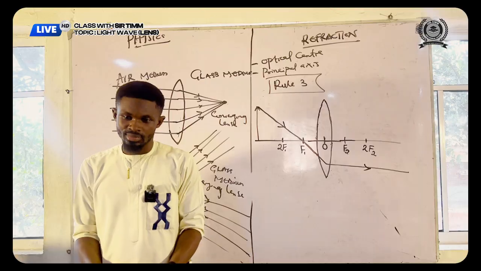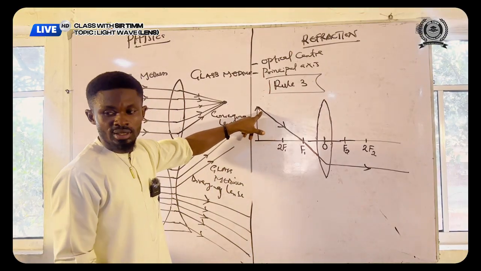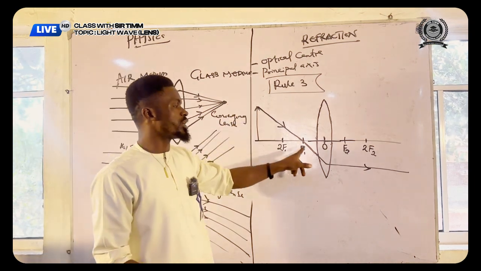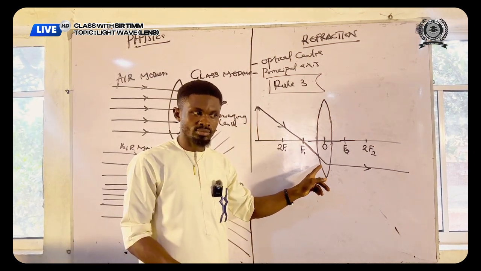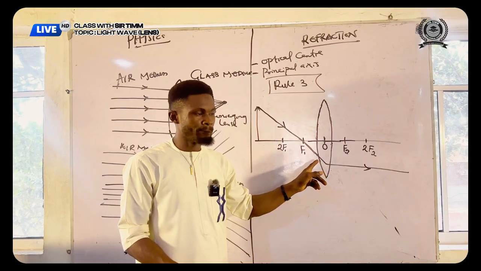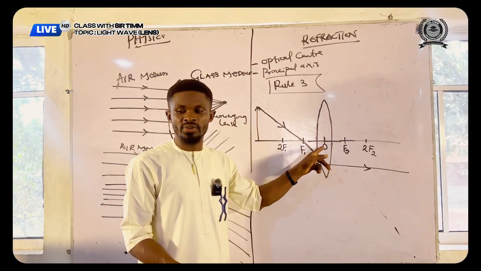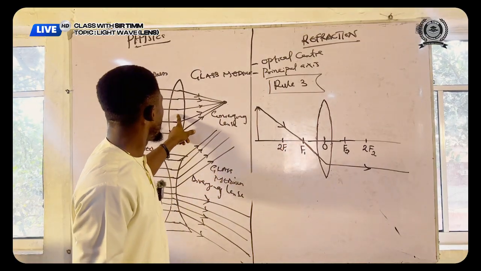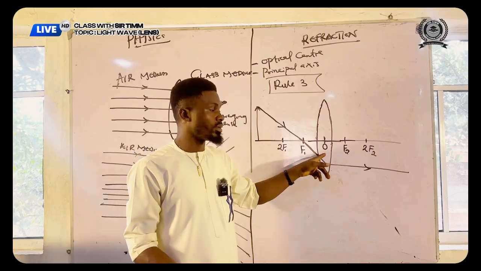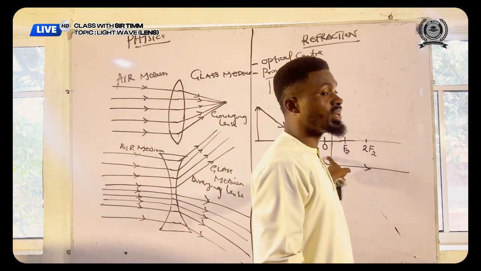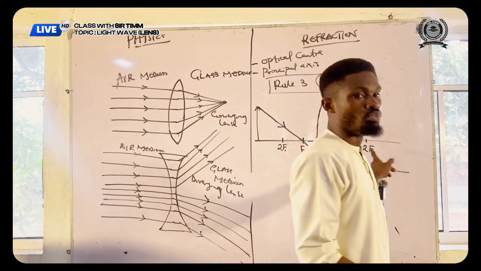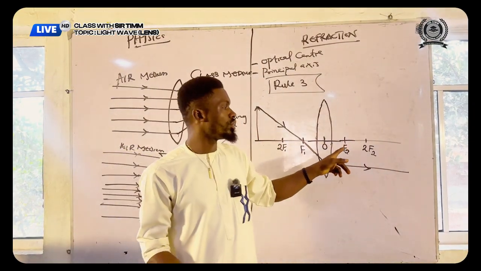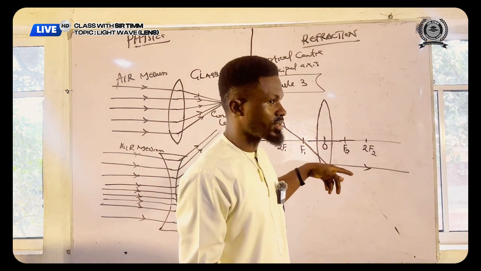When a ray of light passes through the principal focus, incident on a converging lens, after refraction it moves parallel with the principal axis on the other side.